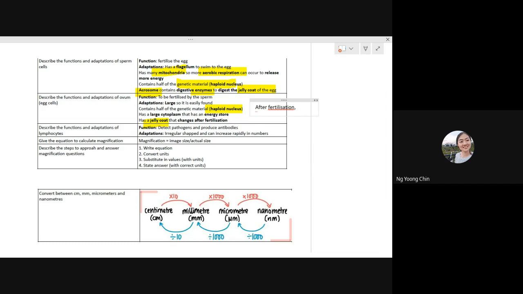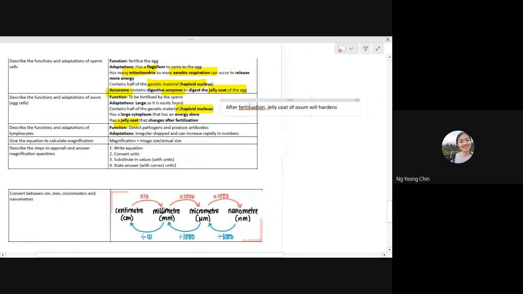So after fertilization, the jelly coat of the ovum will harden, to prevent more than one sperm from entering the ovum.